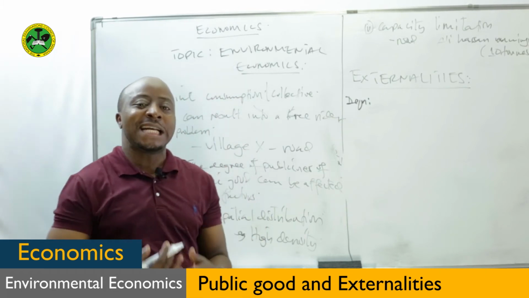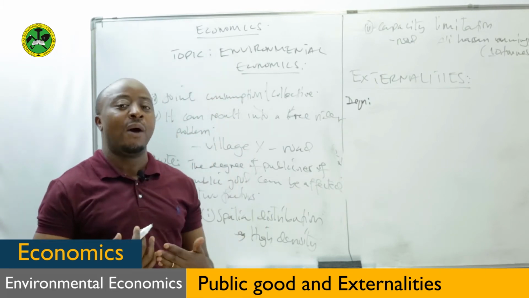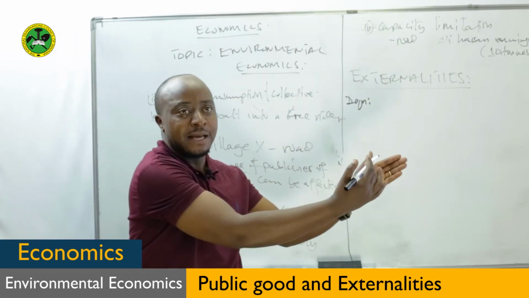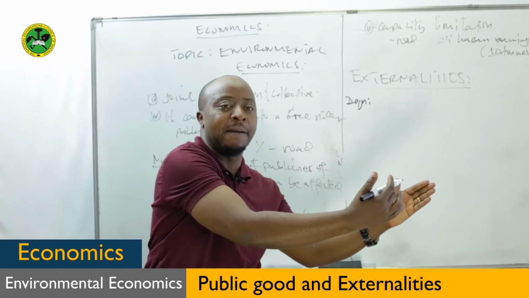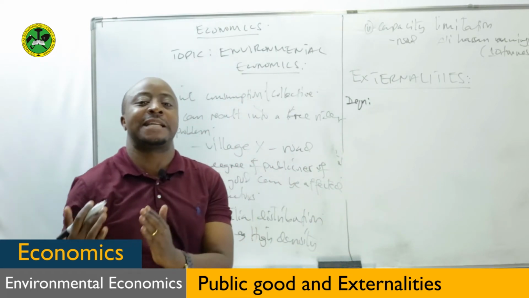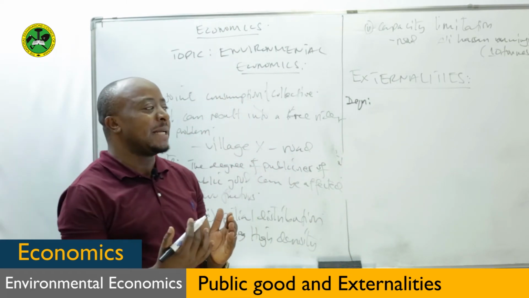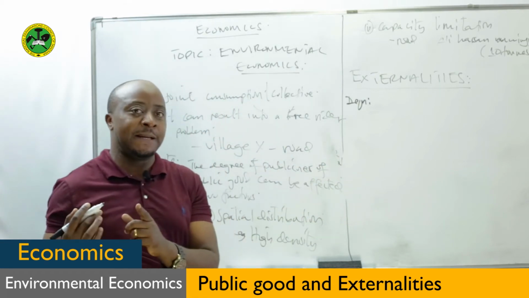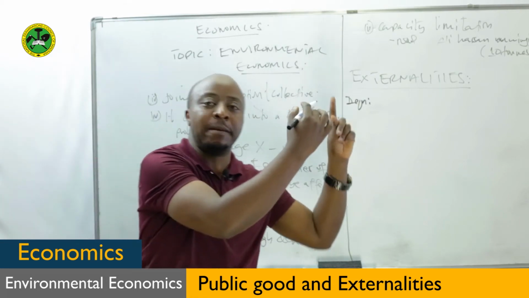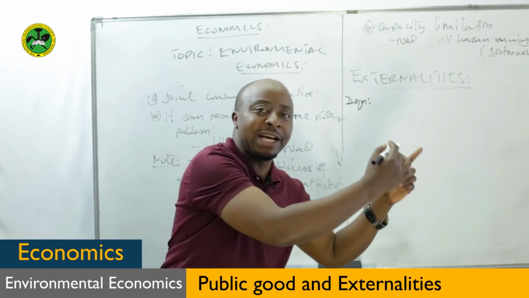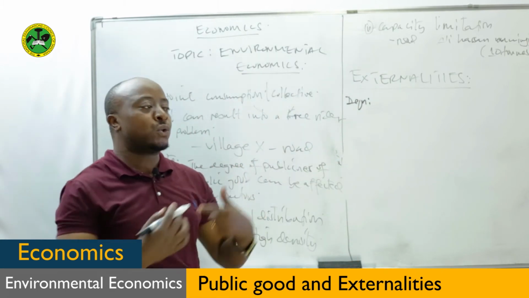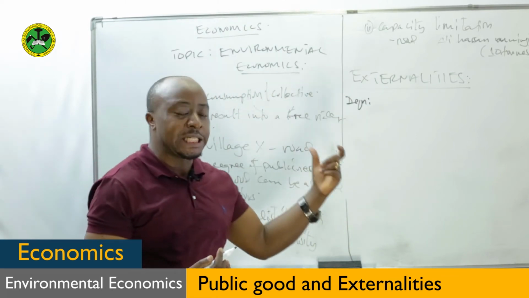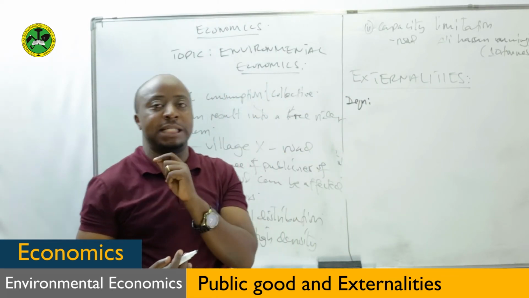That negative or positive effect which the society receives because of the firm located there, we say this is an externality. So an externality is either a positive or negative effect imposed on a third party by the action of another individual, either due to production or consumption, for which no compensation is made.